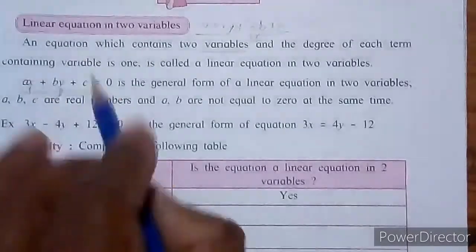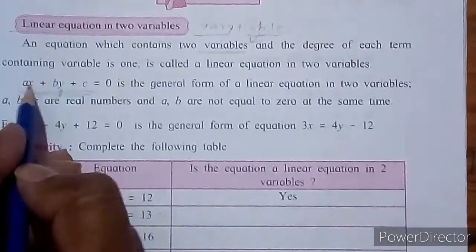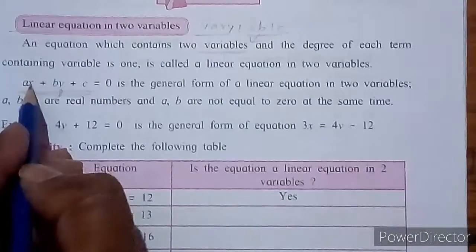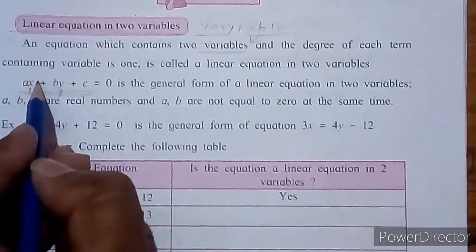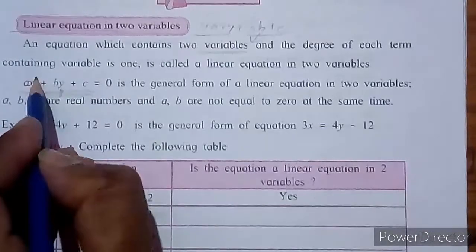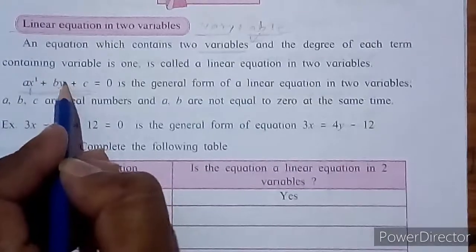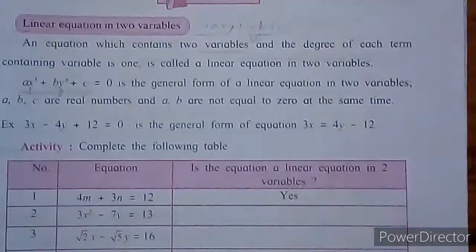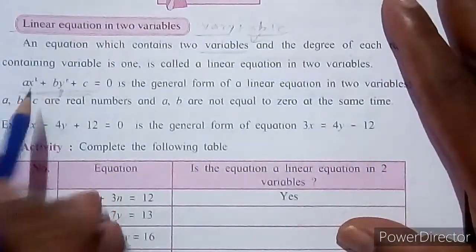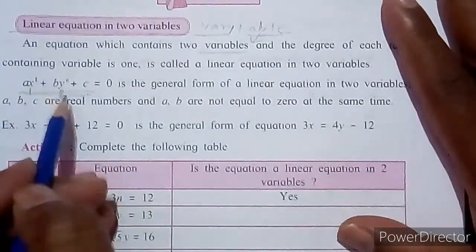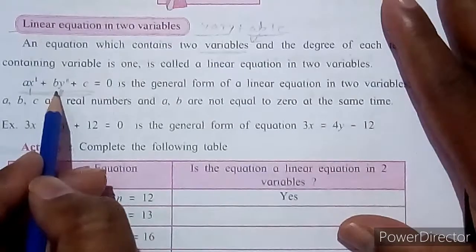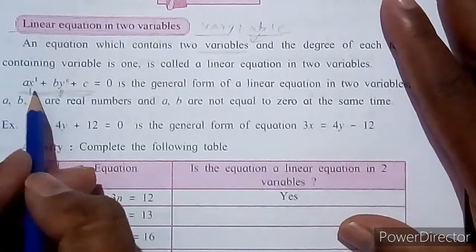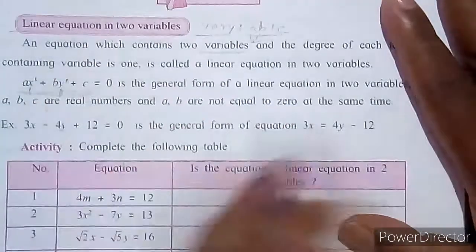These are two variables and their degree: the degree of x, there is no number on the power, that's why its degree is 1. Here also no number on the power, that's why its degree is also 1. This is an equation with two variables having x and y as variables.